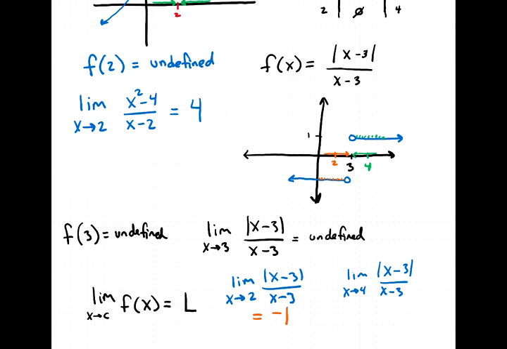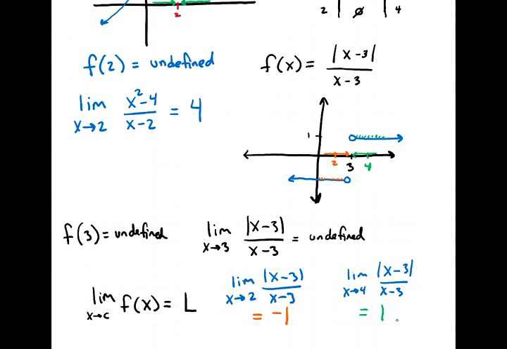And again, on the right, as the x values are getting close to 4, the y values of all of these points are all positive 1. So this limit would be equal to positive 1. So the only issue is exactly when x is equal to 3.